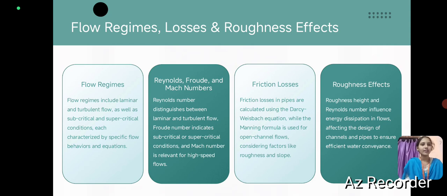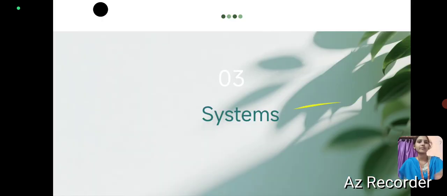Next one, roughness effect. Roughness height and Reynolds number influence the energy dissipation in flows, affecting the design of channels and pipes to ensure efficient water conveyance.